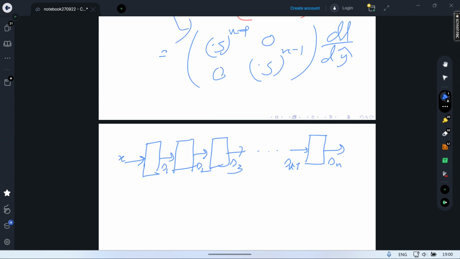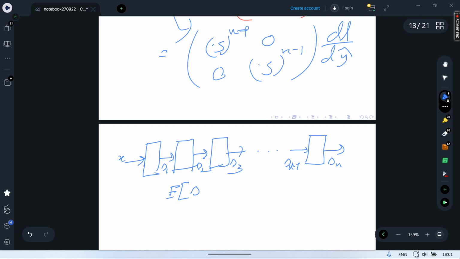We need to ensure that during forward propagation, the distribution of the features or intermediate states does not change too much.